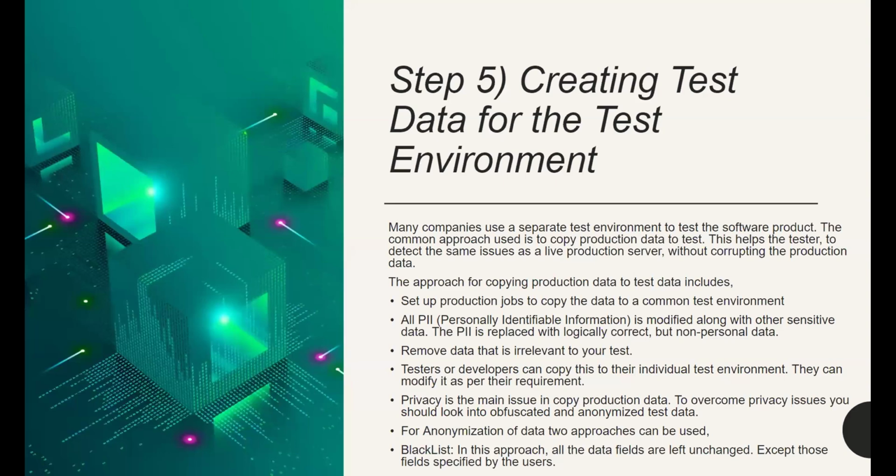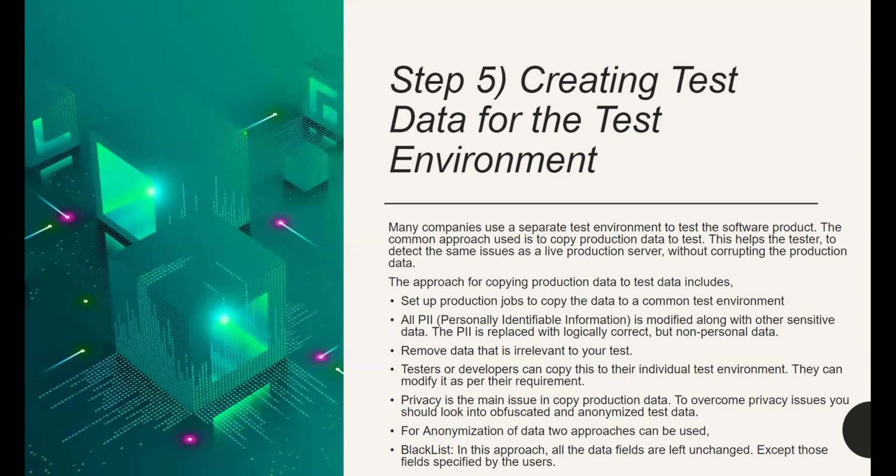So another thing is to create test data. Like I explained the last time we met, the test data is what you use to carry out the test. You need some credentials to come up with the test, right? So many companies use a separate test environment to test the software products. The common approach is to copy production data to test. This helps the tester to detect the same issues as a live production server without corrupting the production data.